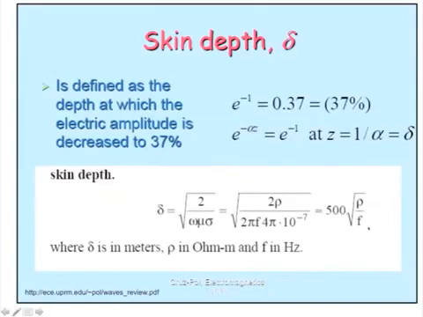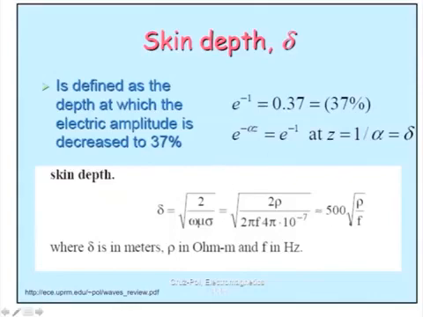Now, this has some pretty spectacular implications right away. How do you get a big skin depth, if you want to be able to measure that signal in the ground, or see conductors that are down below the surface of the ground?